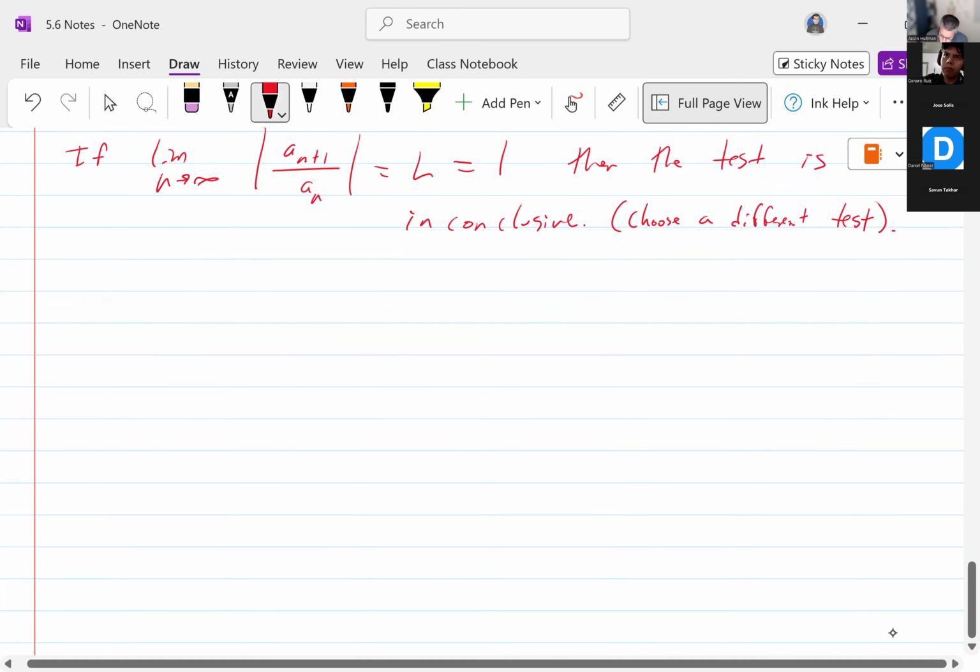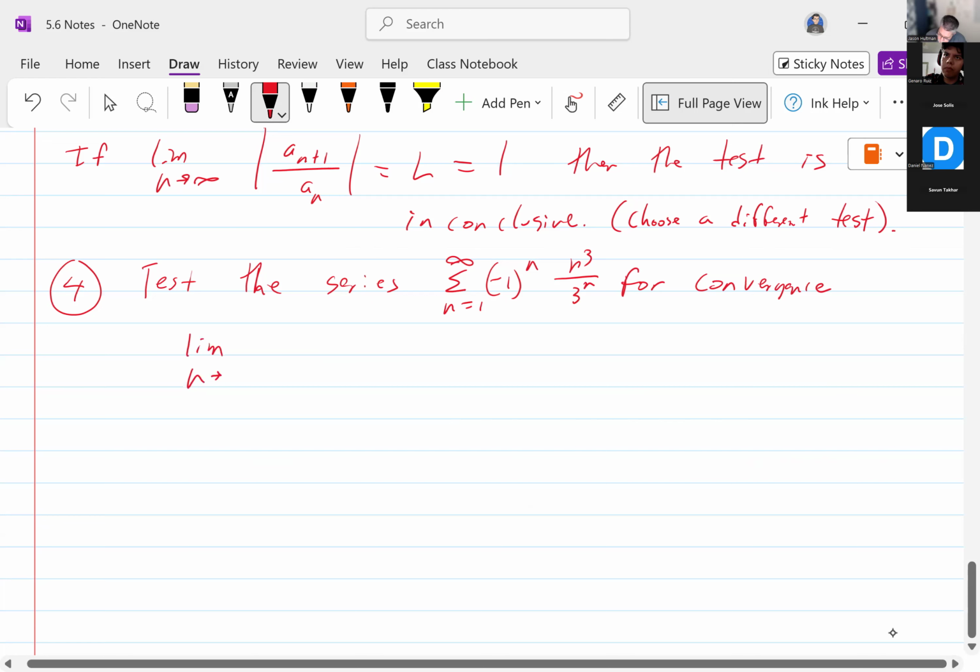Okay, number 4. Test the series summation n equals 1 to infinity of negative 1 to the nth power n cubed over 3 to the n for convergence. Okay.